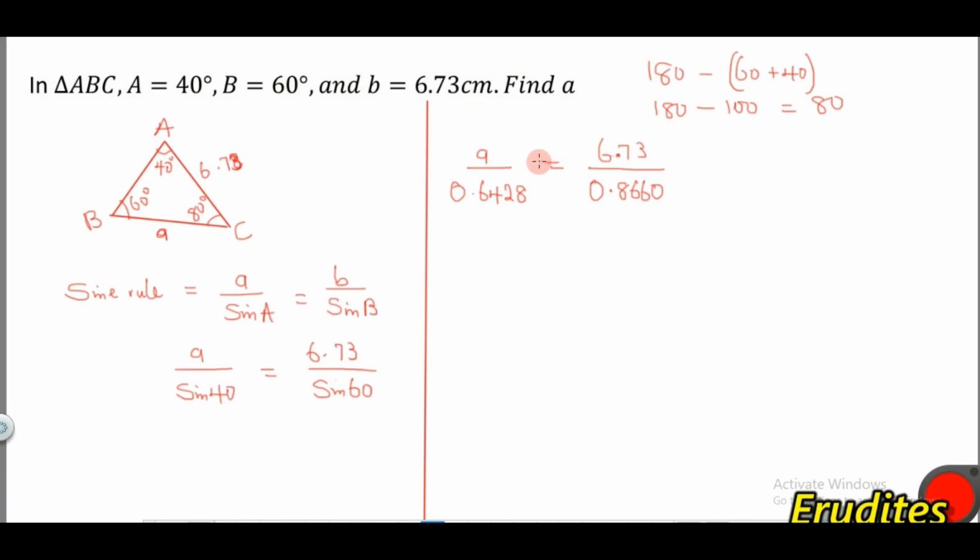The next thing I will do is to cross multiply. If I cross multiply this expression, a times 0.8660 will be equal to 0.6428 times 6.73. So 0.8660a is equal to 0.6428 times 6.73. What is 0.6428 times 6.73?